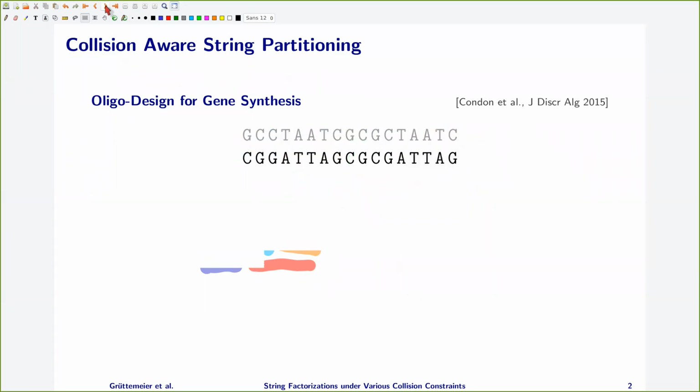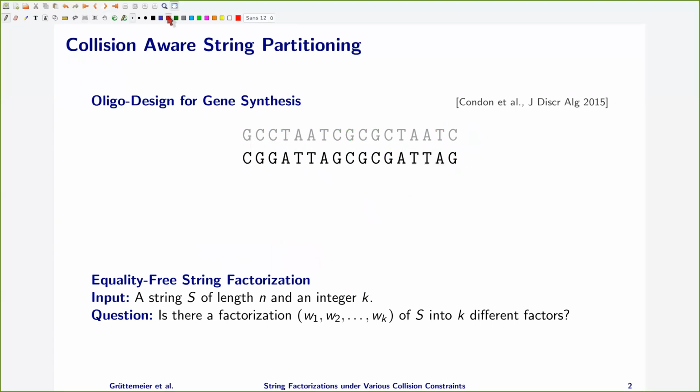After a series of abstractions and simplifications, this leads us to the problem that we study in this paper, which is called equality-free string factorization. We have our string given, so we only talk about one side of the DNA string now, and we want to factorize it into k factors.